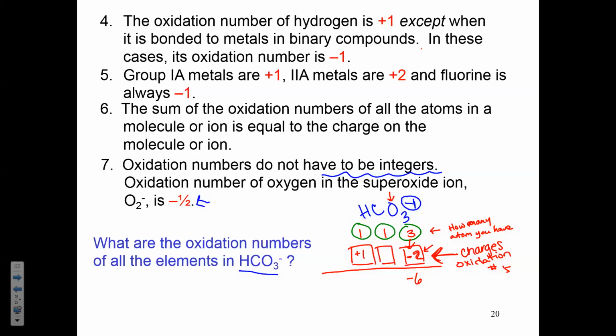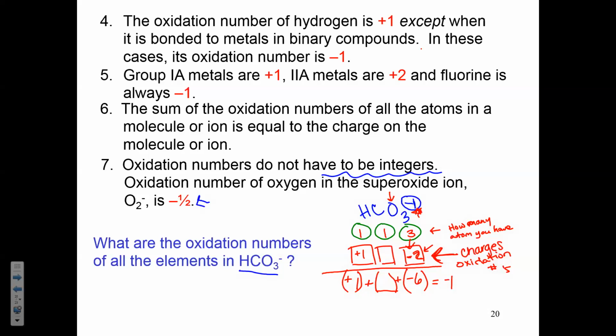If we add that to carbon, which we don't know yet, so leave a blank spot, and hydrogen. Hydrogen is 1 times 1, so we have a +1. So we have a +1 plus what we don't know, and this -6. And we want to end up with whatever our charge is, so we want to end up with a -1.